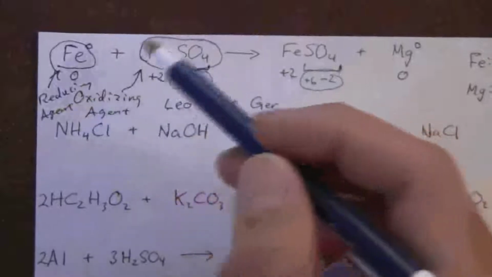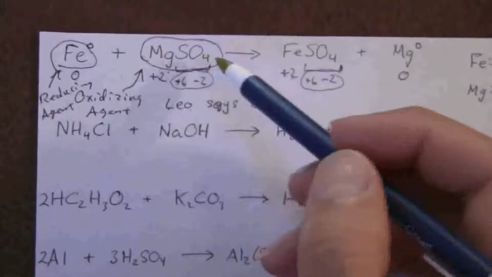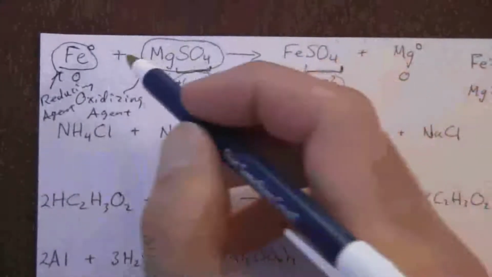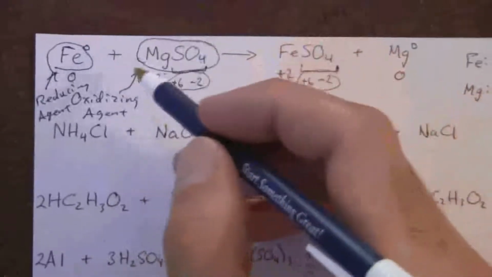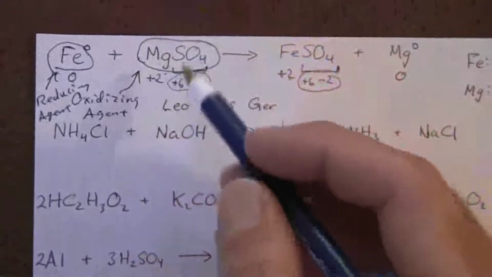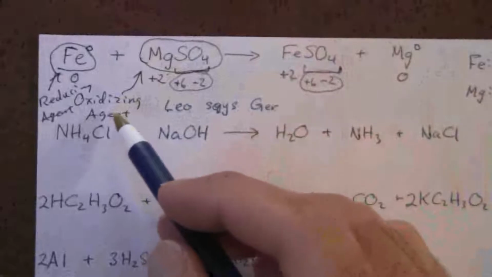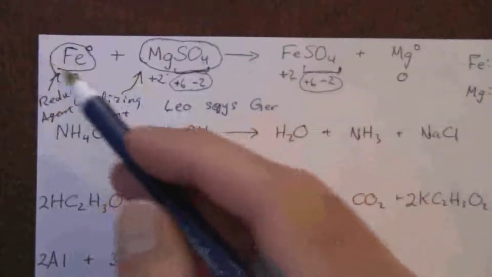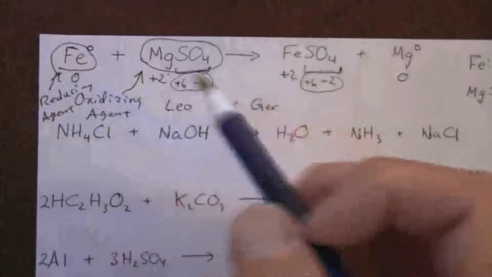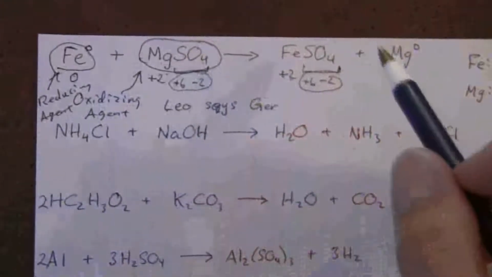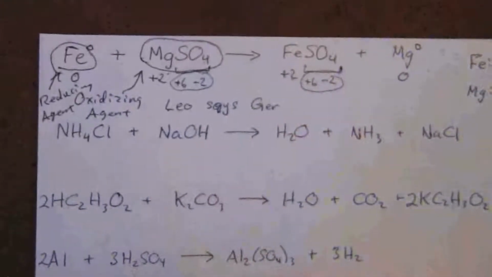But we had sulfate in our equation, and so it's that compound of the magnesium with that sulfate that is my oxidizing agent, and the iron by itself was what we used to reduce the magnesium to its metal.